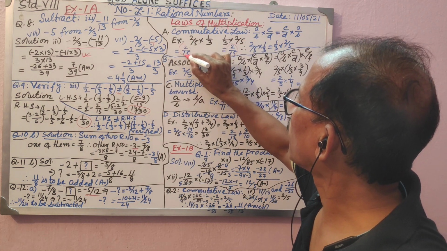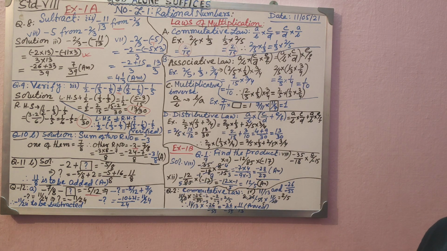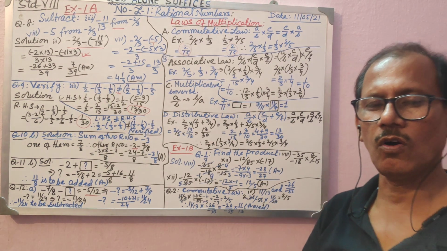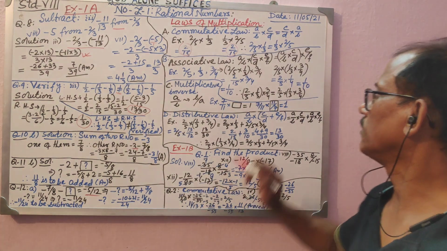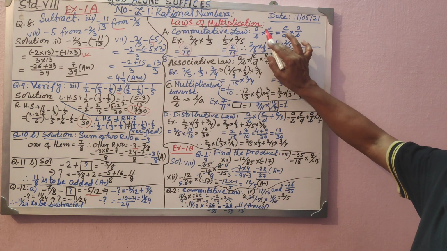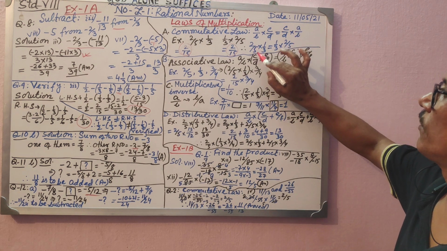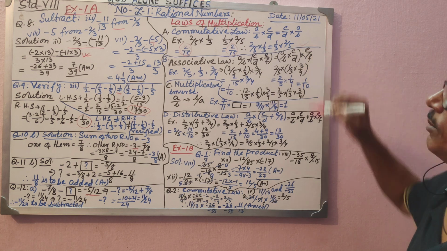So these two are definitely equal. Therefore multiplication is commutative. So a by b into c by d is equal to c by d into a by b. So 2 by 5 into 1 by 3 is equal to 1 by 3 into 2 by 5. I hope you understood the commutative law.